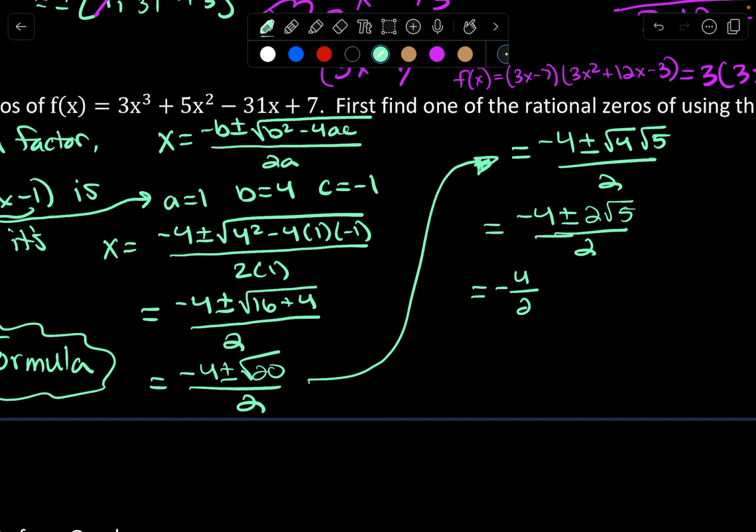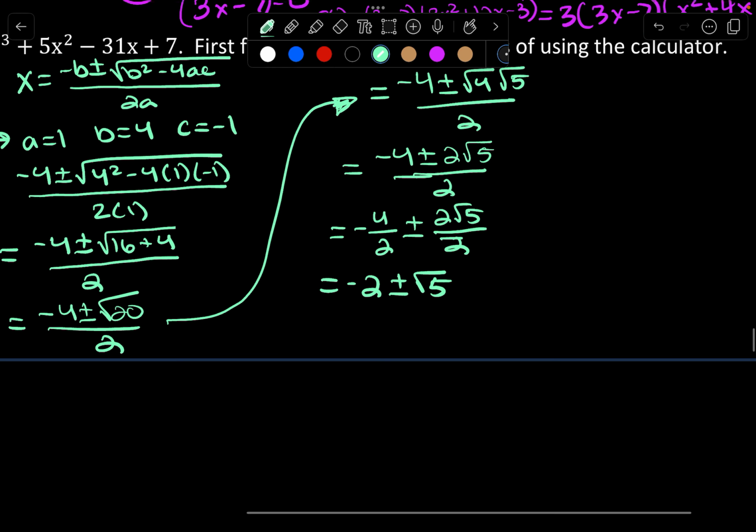Negative 4 over 2 plus or minus 2 root 5 over 2. Sometimes a lot of people will try to reduce only some of the terms, like this could be a 3 and then they ignore that. You can't do that. If you're trying to reduce, every term needs to be able to be reduced by that same factor. So splitting it up, you're able to keep yourself in check. So we have negative 2 plus or minus root 5.